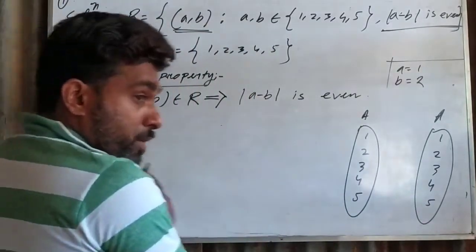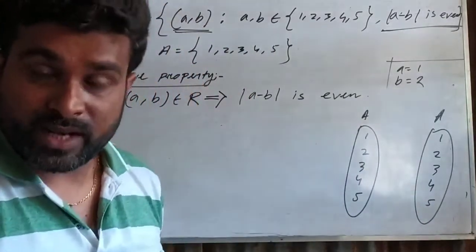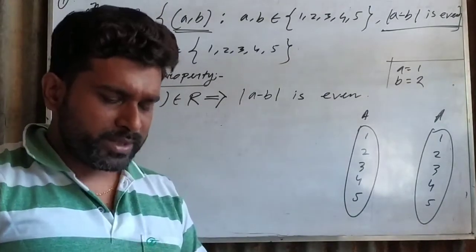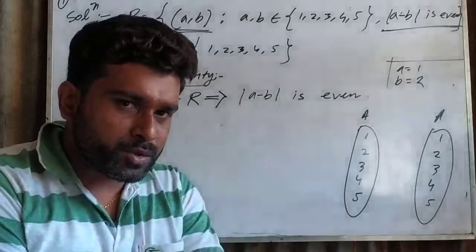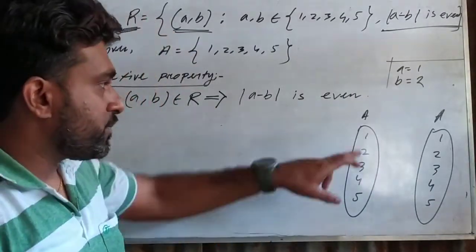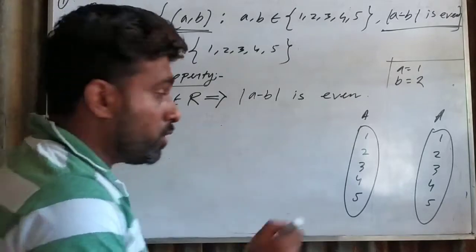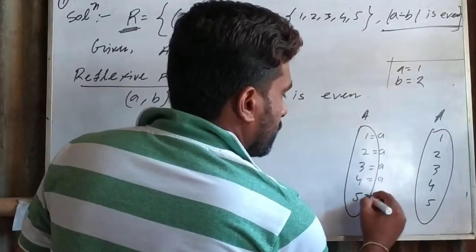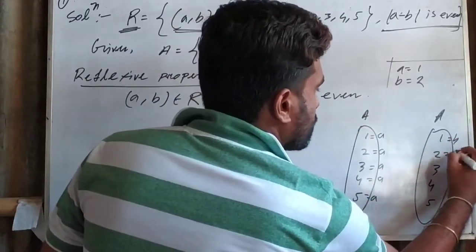For the reflexive property, as I told you, the mapping between the two same numbers will be there. The relation between the two numbers. As you all know, these are the values of small a, and these are the values of small b.